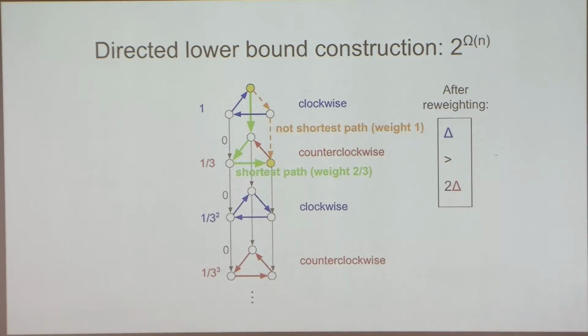I was wondering, if I promise you that I only have t classes of weights in the graph, is the lower bound then exponential in t? Like a positive result saying, okay, in the worst case that's going to be 2 to the n, but if I know that I only have 3 types of weights, then can you do better? Yeah, that's a good question.